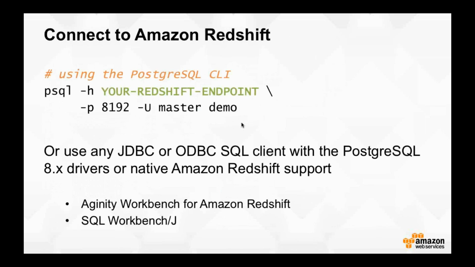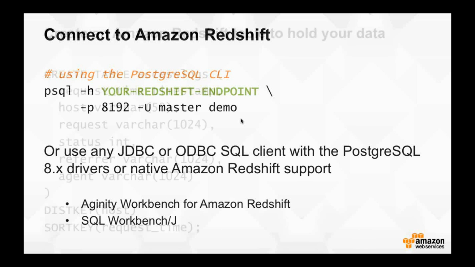So first we have to connect to Redshift. You can connect to Redshift using any client that supports the Postgres drivers. There's also a very good tool, the Agility Workbench from one of our partners. It has a very good visual interface, but it only works on Windows. So I'm going to use the SQL Workbench to connect to Redshift.